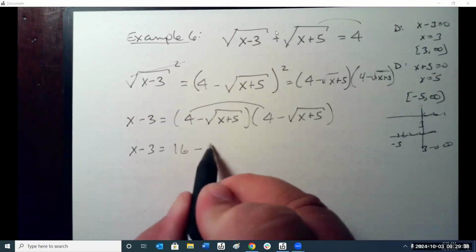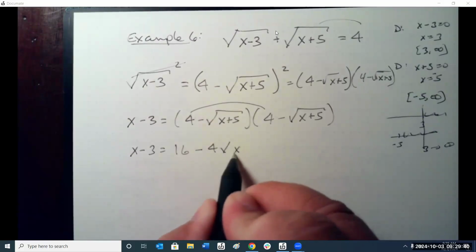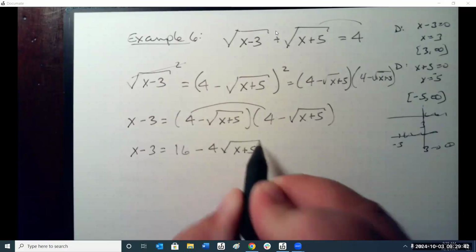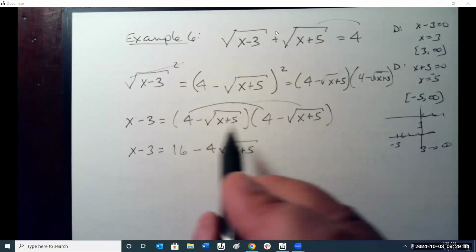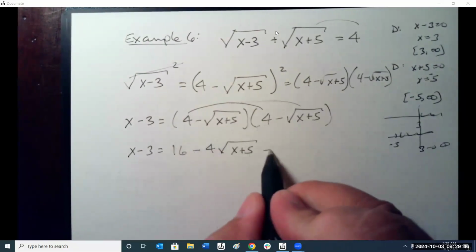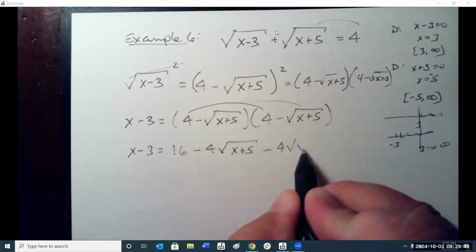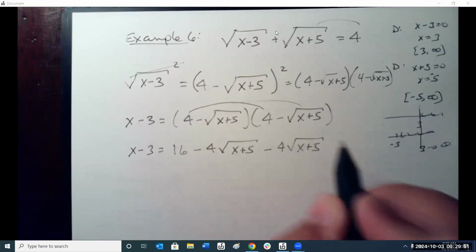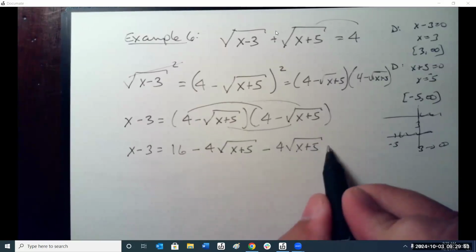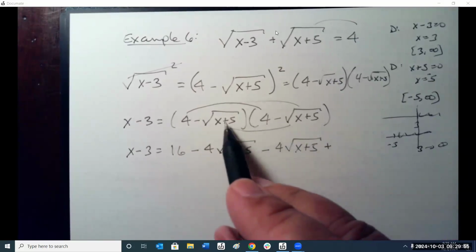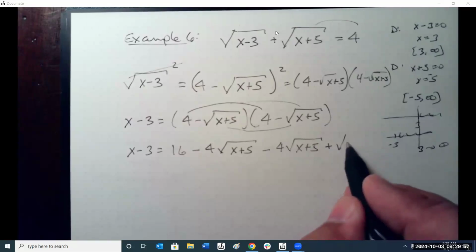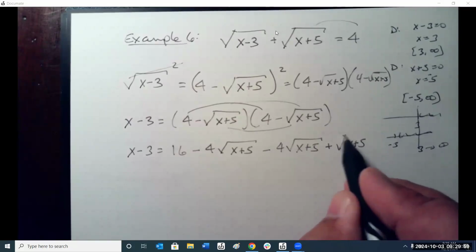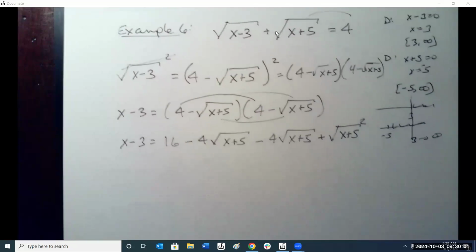Positive times negative is a negative: 4 times radical x plus 5. Negative times positive is negative: 4 radical x plus 5. Negative and negative is a positive: radical x plus 5 times radical x plus 5 is radical x plus 5 squared.